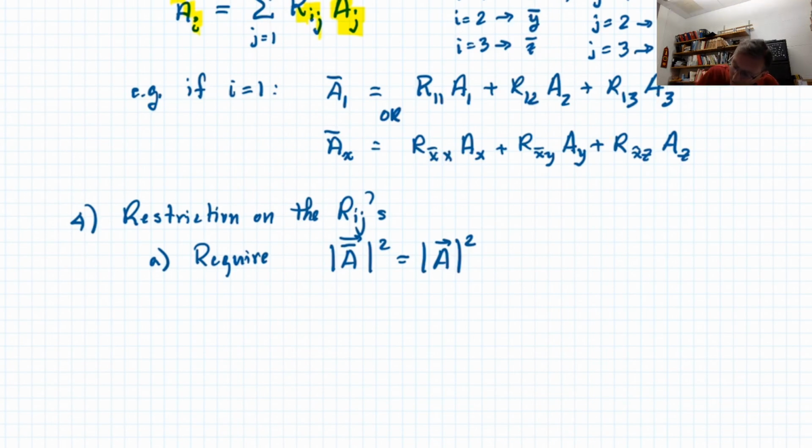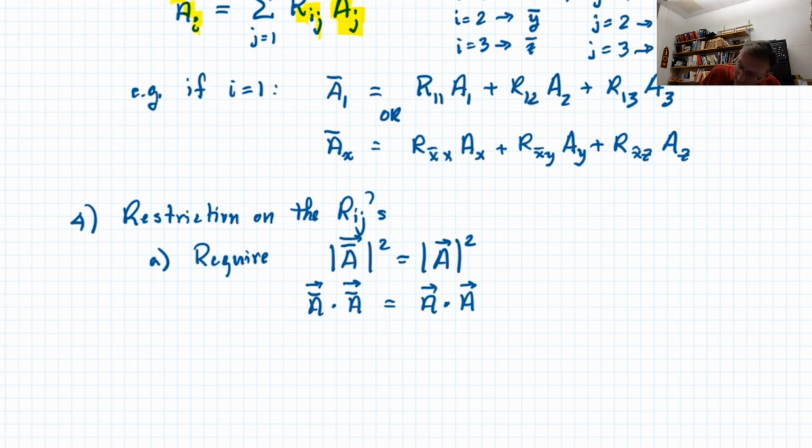So that could also be written on the left as A bar dot A bar, which must equal, on the right, A dot A. But when we take the dot product of a vector with itself, we just take each component squared and add them. Basically, the Pythagorean theorem.